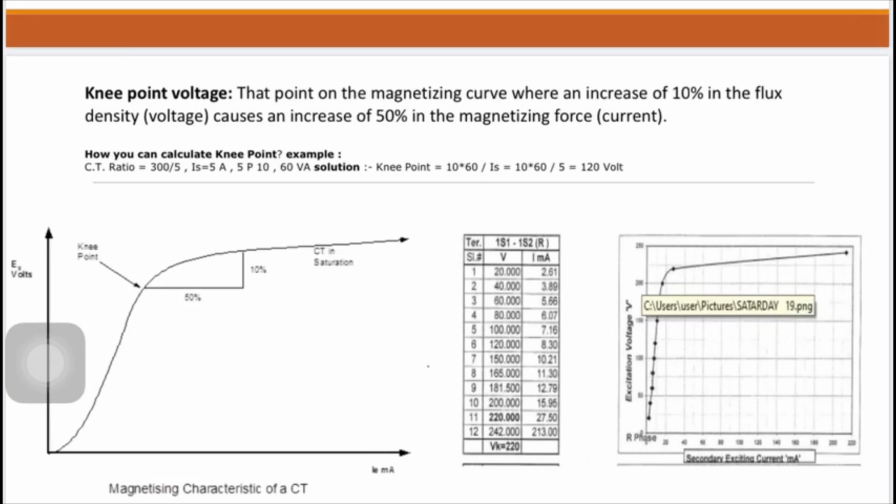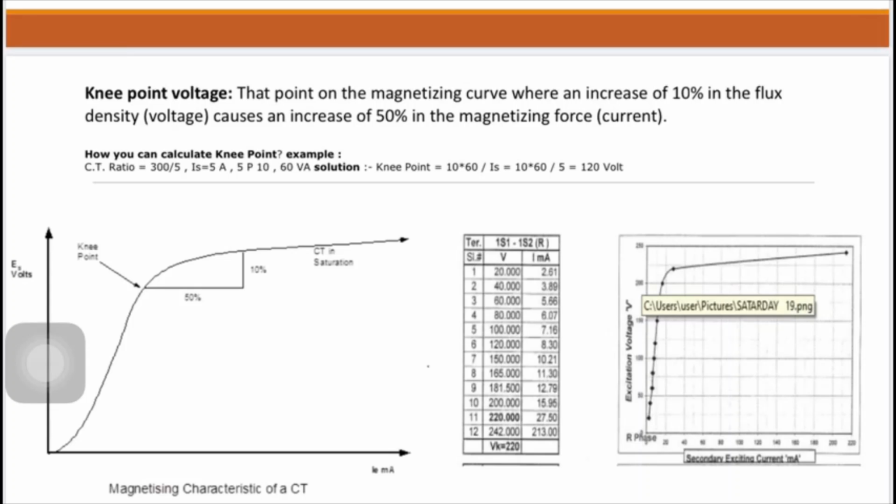PS class and backup 5P20 or 5P10 class will have higher values. So before selecting a particular CT, we can calculate the knee point voltage depending on our requirement.